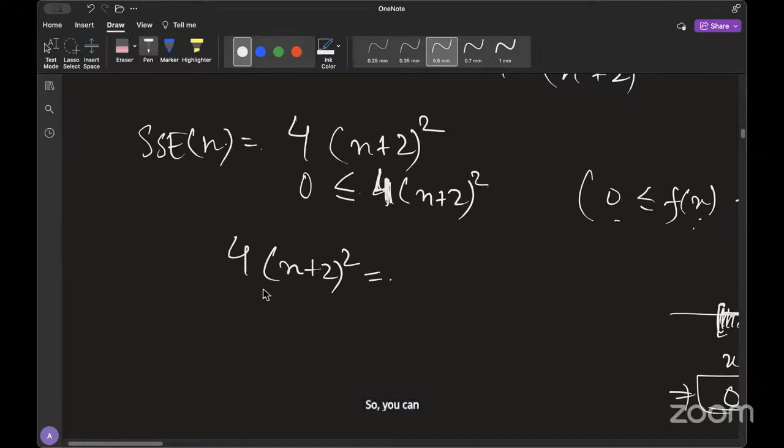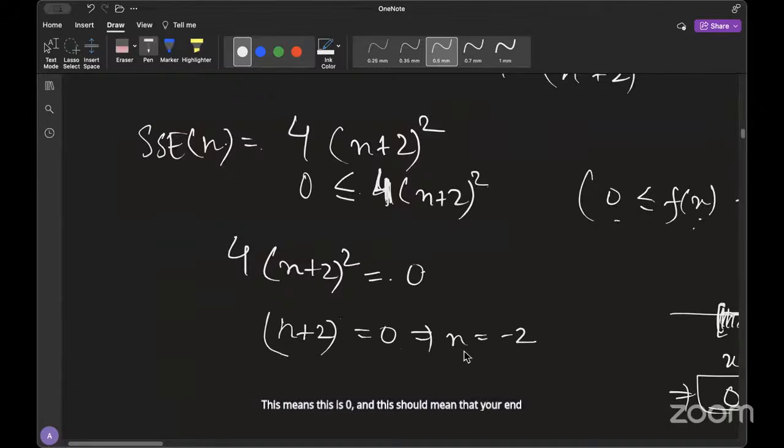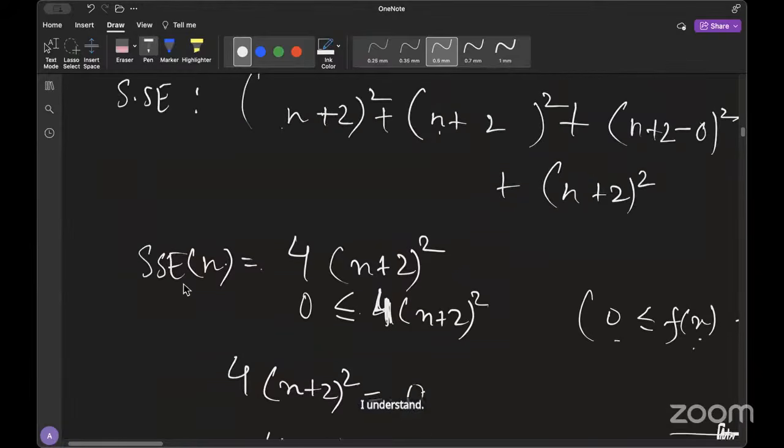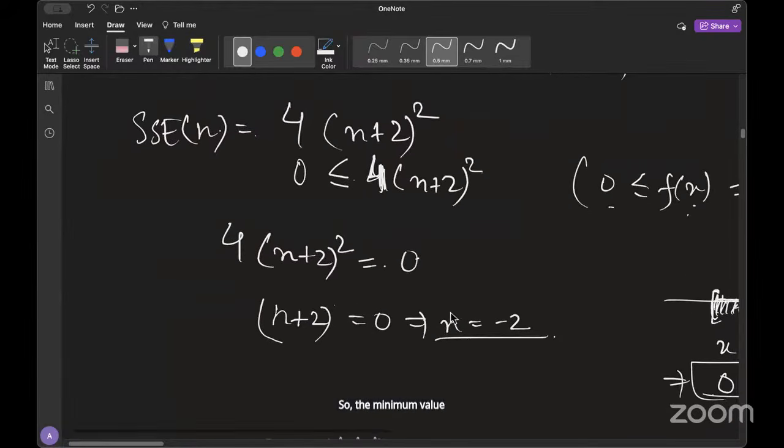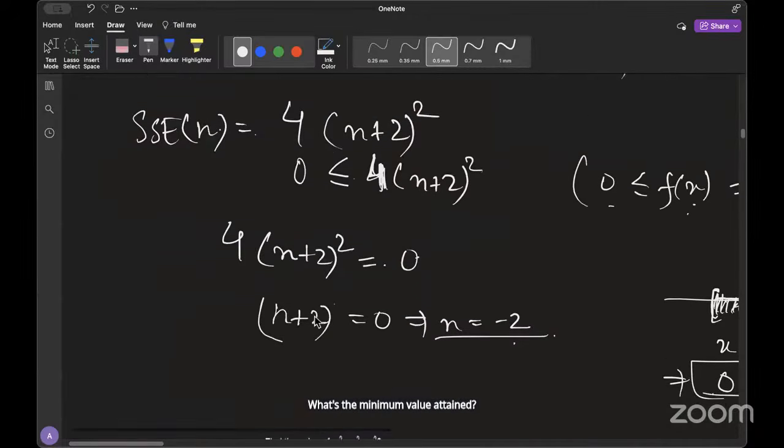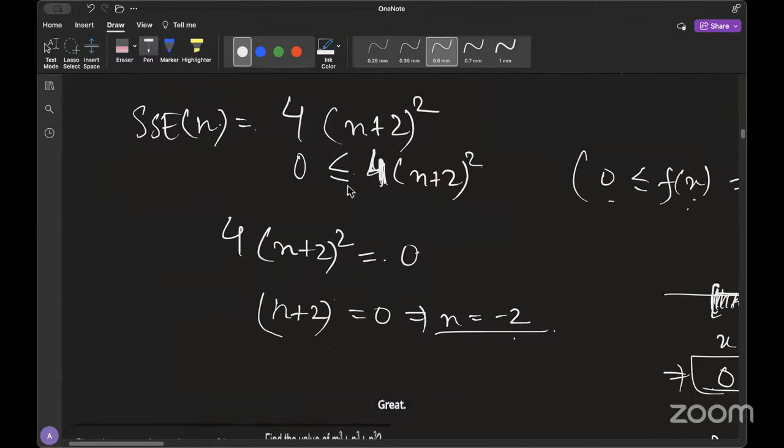You can find n such that this big thing becomes 0, and this should mean that your n should be equal to -2. So the minimum value should be attained at n equals -2. And what's the minimum value attained? 0. Attained means at this point you get the value 0. So at -2 you get 0.